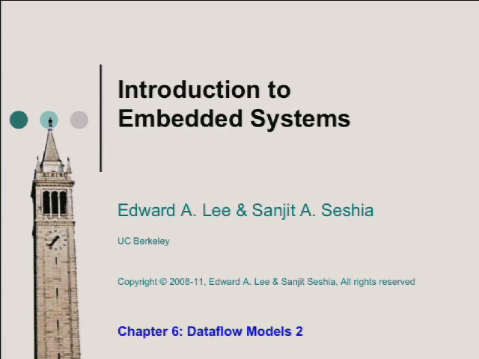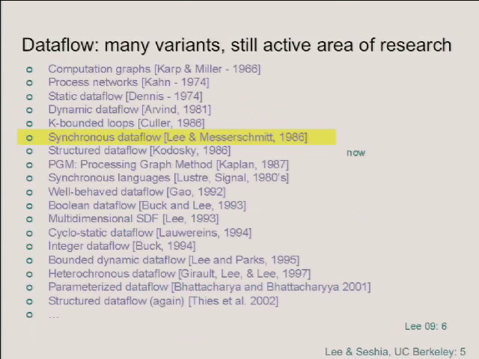So this is just a review of what we've looked at. In particular, what I'm going to focus on next is true data flow models that are a little bit richer than the LabVIEW model in the sense of allowing for multiple consumption and production of tokens, and are genuinely data flow, unlike Simulink, which is more of a time-based model.